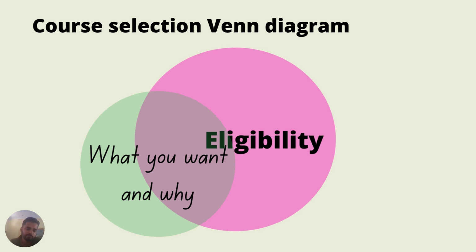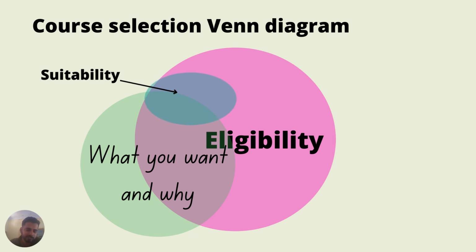Whatever preferences you have regarding a course you want to pursue in the near future, you must be eligible for it also. The area between these two circles, where they overlap, is the course list which you want and for which you are eligible. So these are the eligible courses. Make the list of these courses when you're selecting, and then go to the next step.